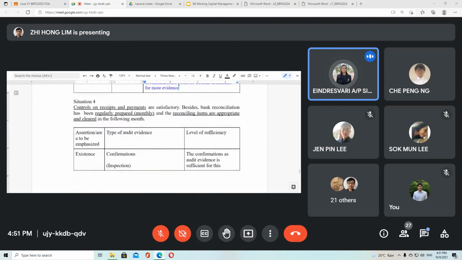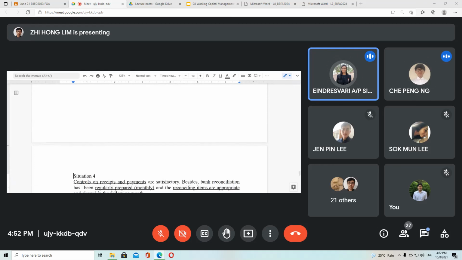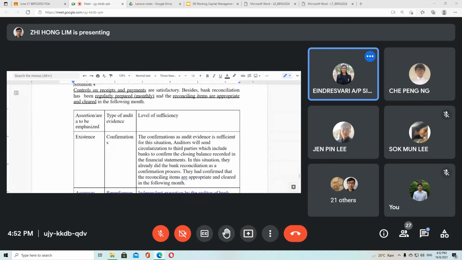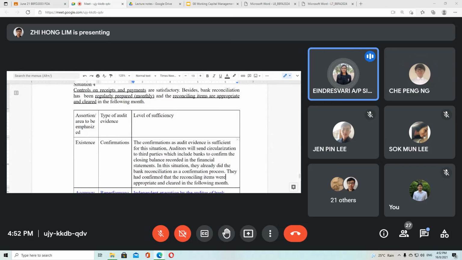Next is the controls about the receipt and payment are regularly made. So basically, bank reconciliation is done regularly. Is this something good? Is the current practice, doing bank reconciliation on a regular monthly basis, good? Good. So in this case, how are you going to improve the system? Doing bank reconciliation, no issue.